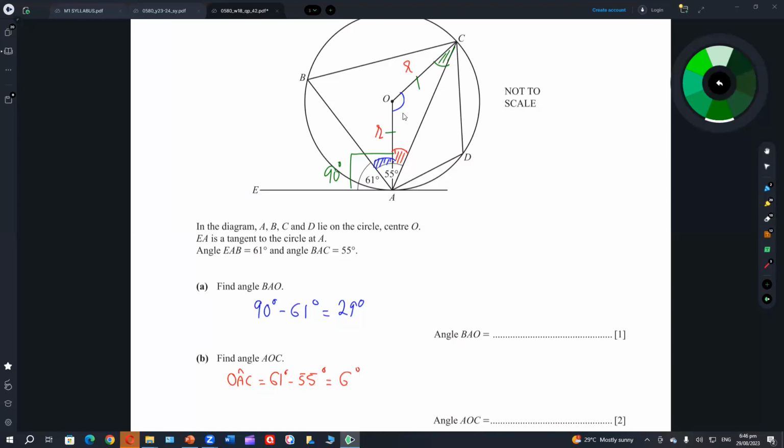The red angle and green angle should be equal, 6 degrees. Because the opposite angle is 6, this angle should also be 6. Yes, because it's the rule. After the two radii, O to C, will it be isosceles?